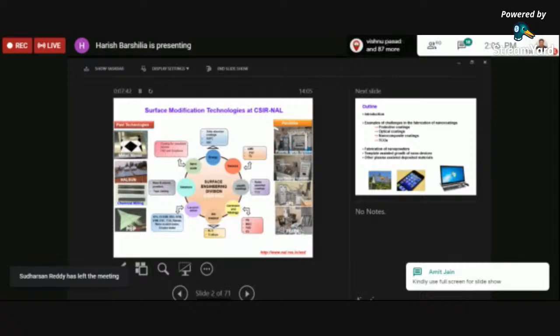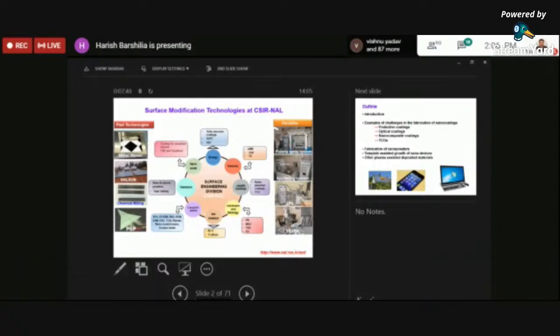Our core strength is in the area of corrosion and tribology, wherein we use different methods, both physical vapor deposition processes and electrochemical processes, and other surface modification processes such as plasma nitriding.